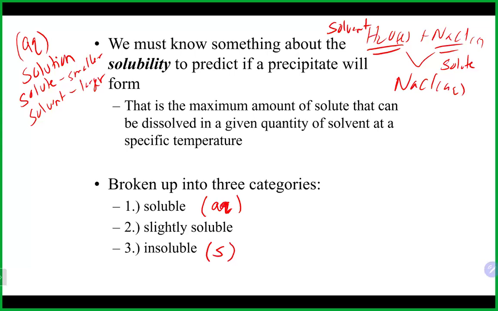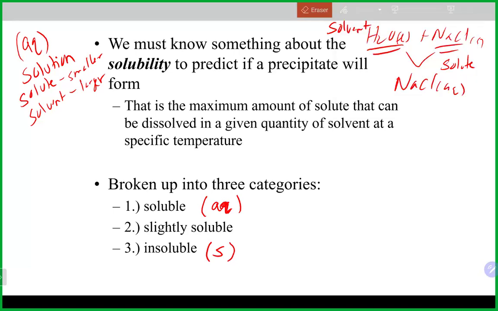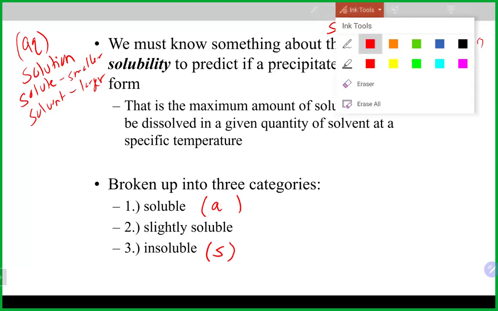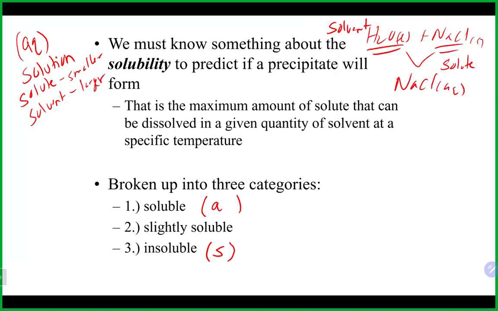Now, the last description there, you do occasionally come across, and that is what is known as something being slightly soluble. And pretty much like the name implies, it is slightly soluble. It will dissolve a little bit, but it mostly will not dissolve.